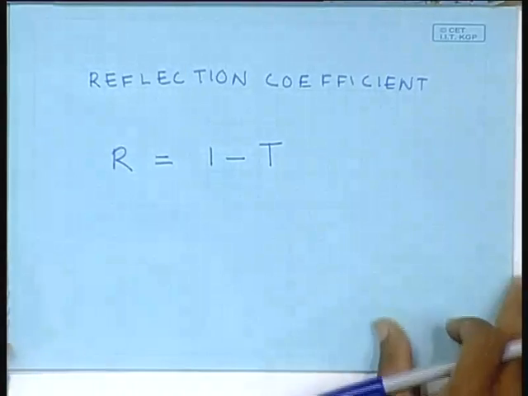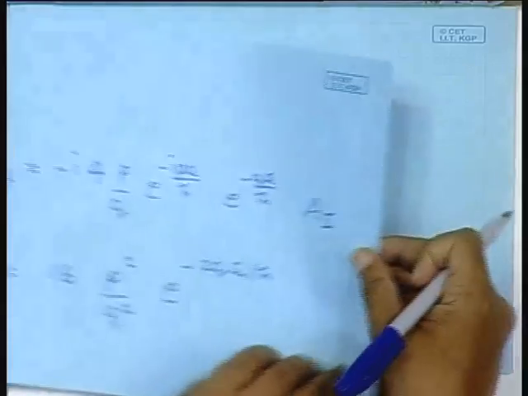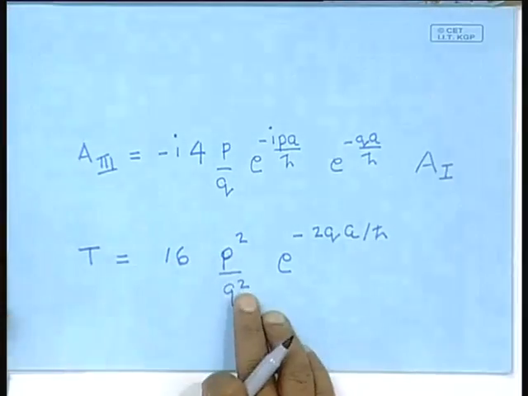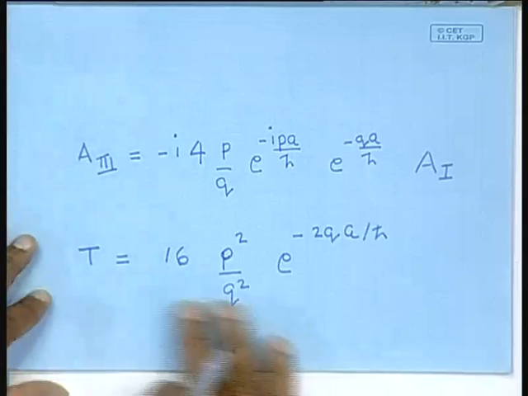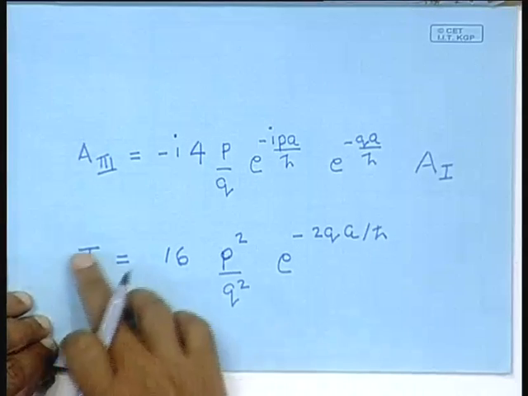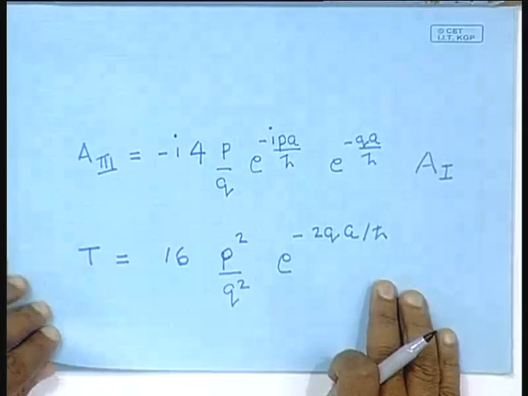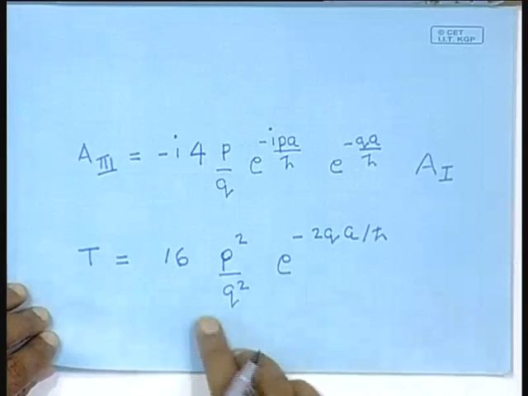Now, let us analyze the tunneling probability. To do that, let us write it in terms of the energy of the particle and the height of the potential barrier. Remember, we are working in the limit where the potential barrier is much higher than the energy.